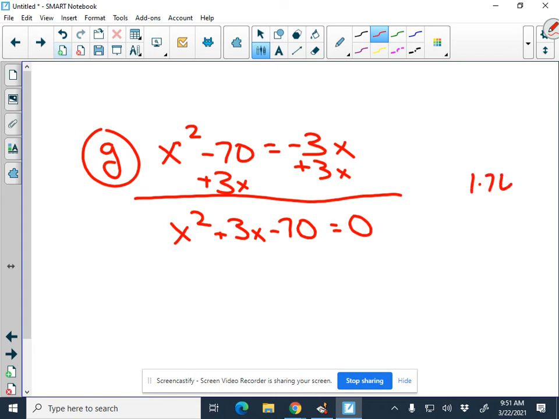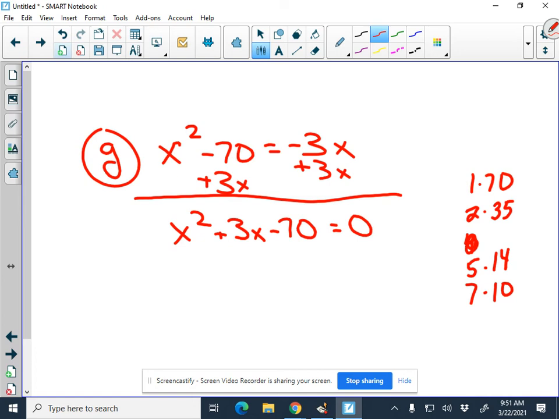1 and 70. 2 and 35. 3 doesn't work. 4 doesn't work. 5 and 14. 6 doesn't work. 7 and 10. Next one, I have it. All right.